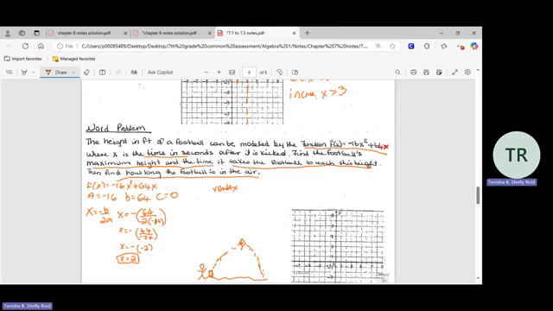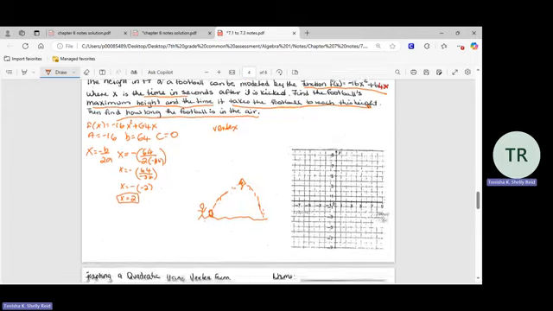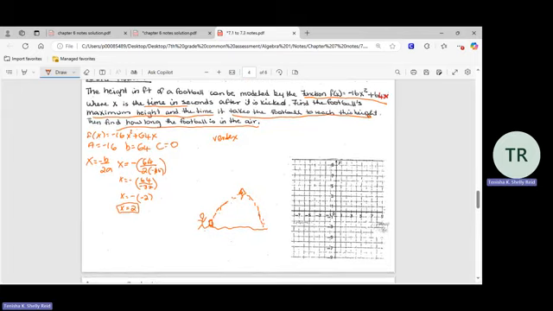If x is equal to 2, to find the vertex, we're going to substitute 2 into the same equation. So y is equal to negative 16x squared plus 64x, and x is 2.